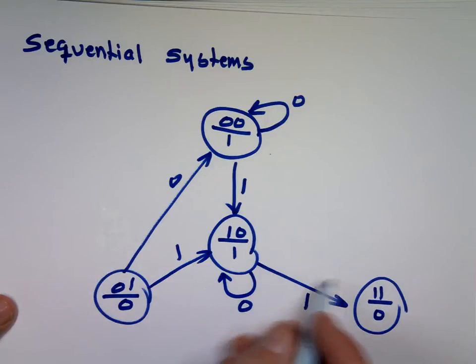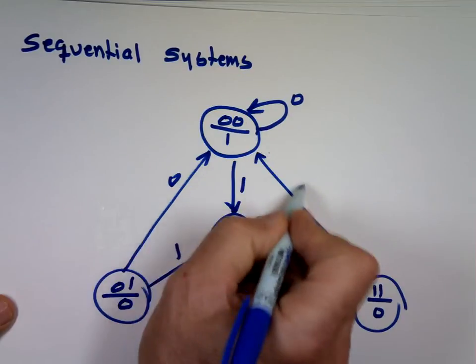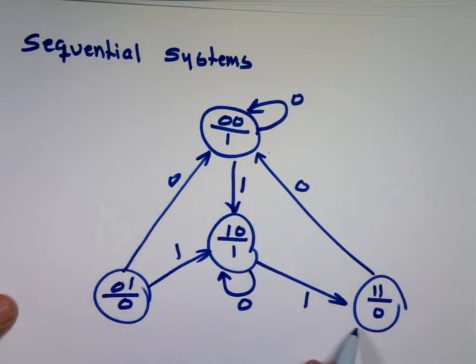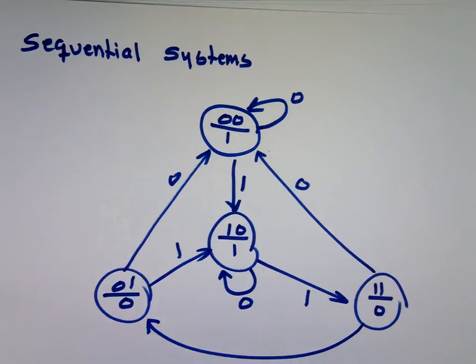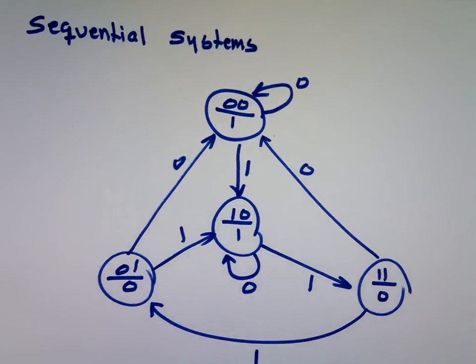If your input is 0, from here you go right there. If your input is 1, you go right here. I want to build this circuit. What's the bottom line? 1. If you put a 1 there.